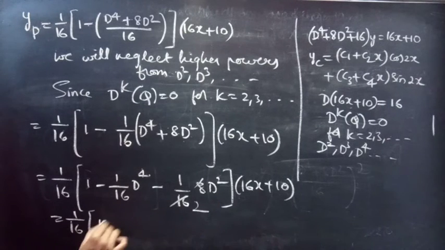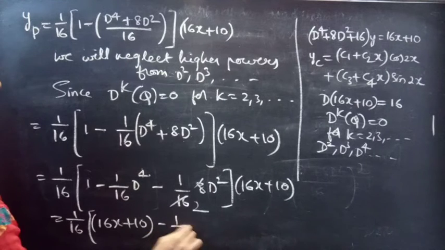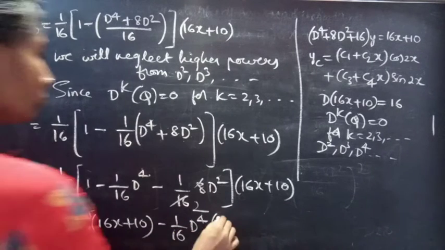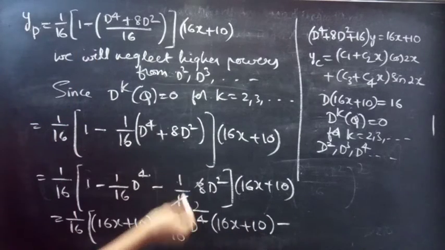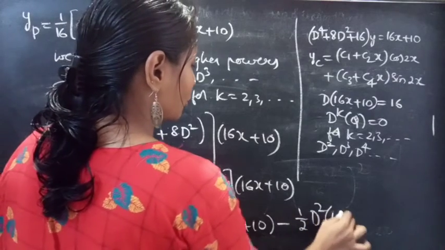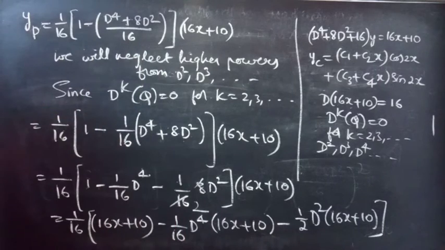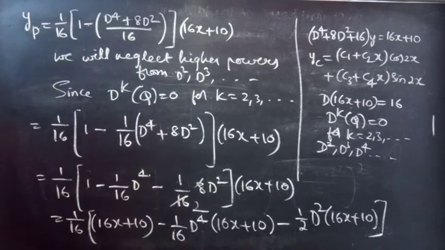This becomes 1 by 16 into 1 into q, which is q, minus 1 by 16 into D power 4 of q, minus 1 by 2 into D square of q. We already know that higher powers become 0. D power 4 of q is 0, D square of q is 0.